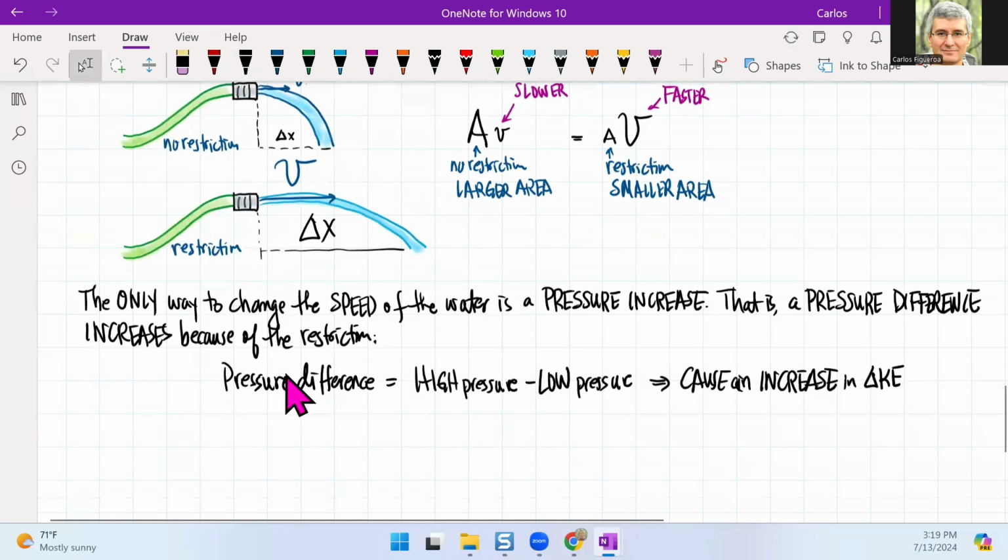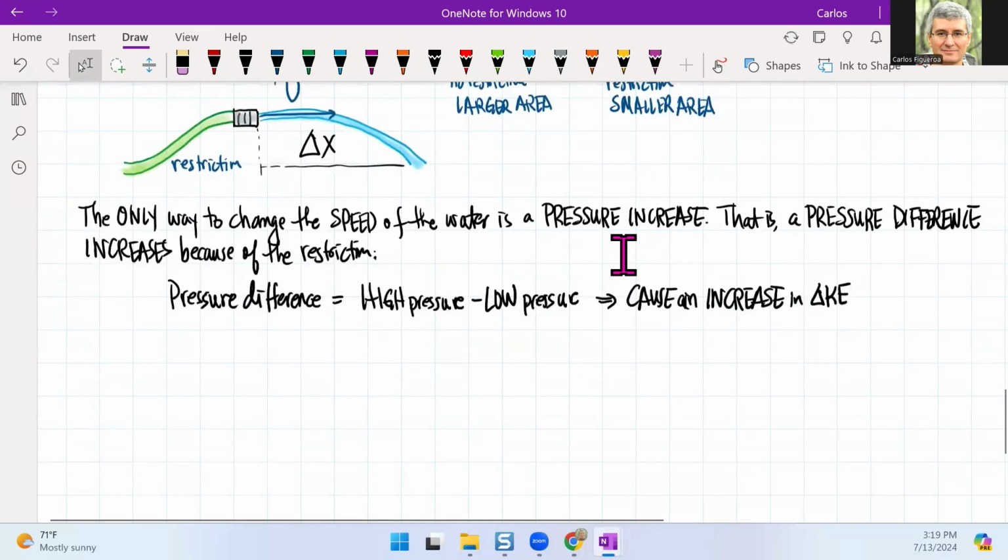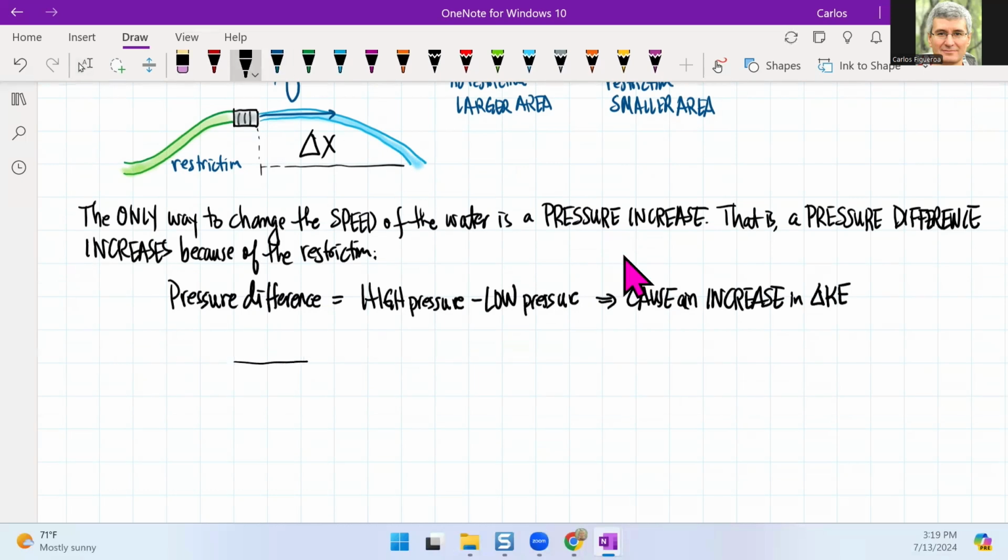That's why we're here, for that reason right there. We need that pressure difference. So now, if I was to draw a picture of it, it's going to look something like this. I imagine that I have my hose. And as I have my hose, I now restrict the flow of the water. And so here's my green hose.